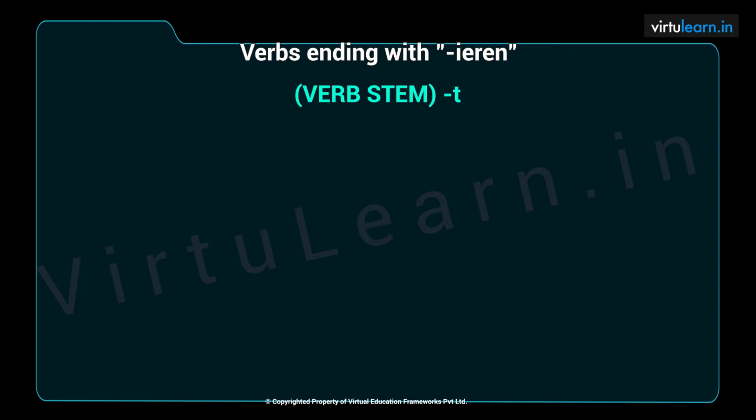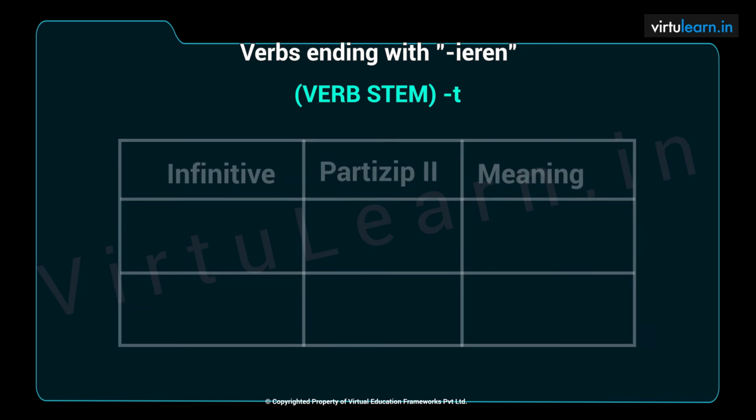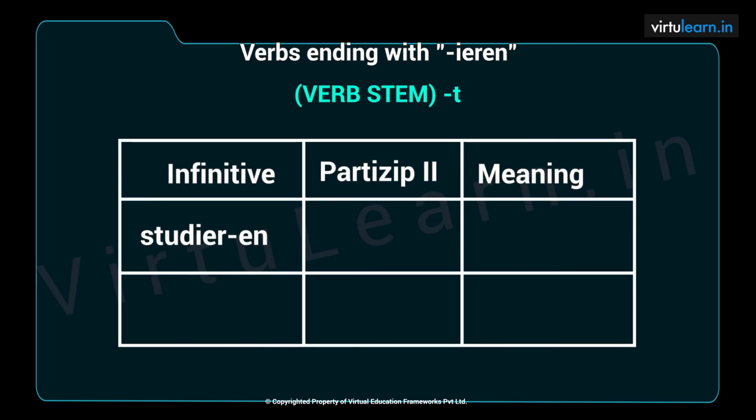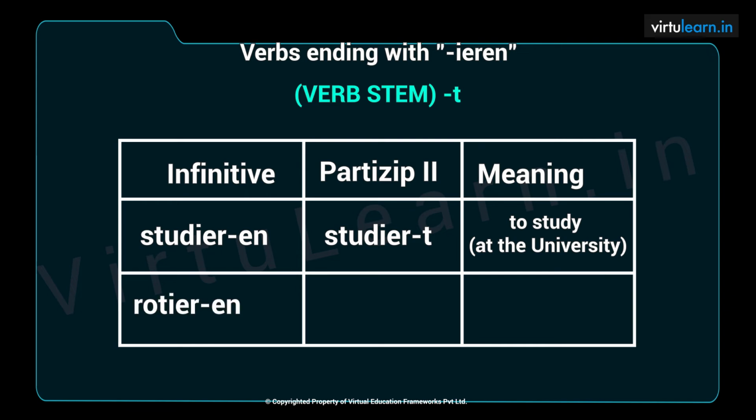Only the ending T is taken. So for example, studieren becomes studiert. The en is removed and the T ending is added. Rotieren, rotiert.